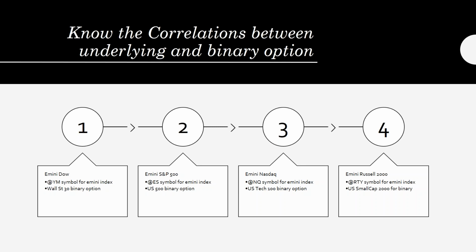For the S&P 500, the symbol is ES, and the binary option is listed as the US 500. On the E-mini NASDAQ, the symbol is NQ for the actual index, and the binary option is the US Tech 100. For the Russell, the symbol is RTY for the E-mini, and the US Small Cap 2000 for the binary option.